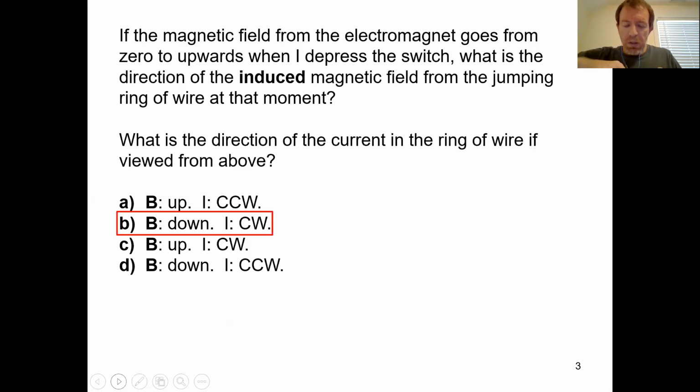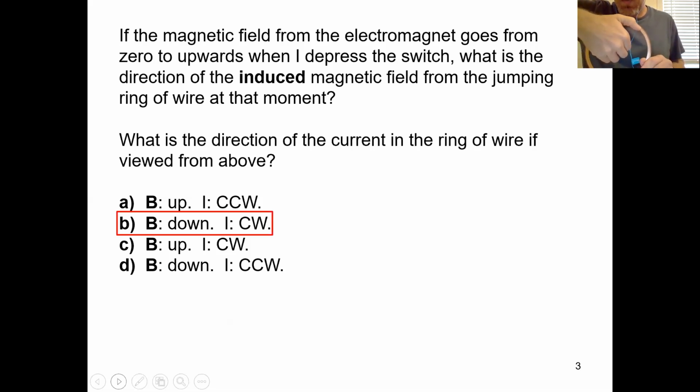And now I can tell you that as I look down at this ring, it's very clear to me that my thumb is pointing in the clockwise direction. Let me change the perspective so that you guys can see it. There we go. You can see that my thumb is pointed in the clockwise direction.